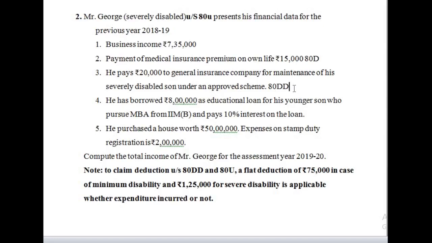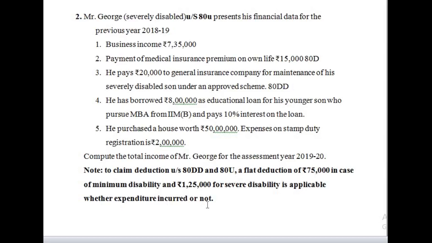As we know, to claim deductions under section 80DD and 80U, a flat deduction of rupees 75,000 in case of minimum disability and rupees 1,25,000 for severe disability is applicable irrespective of whether expenditure is incurred or not.